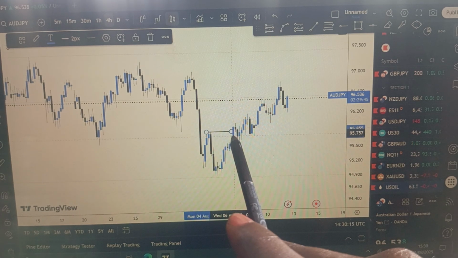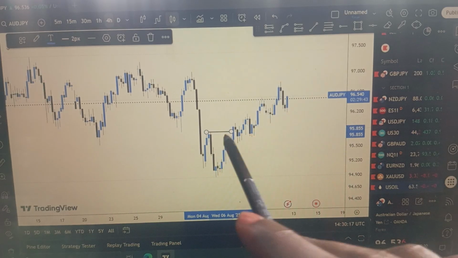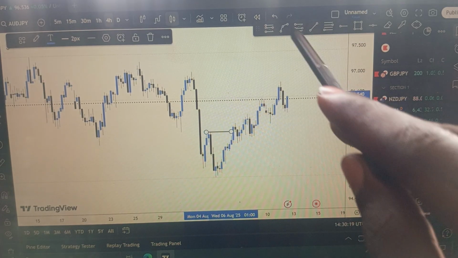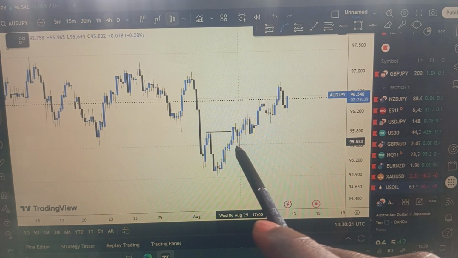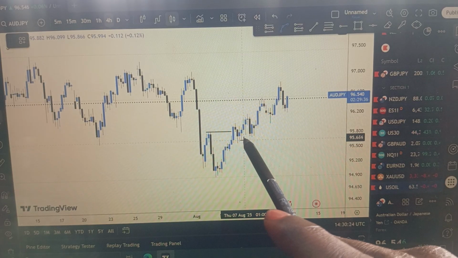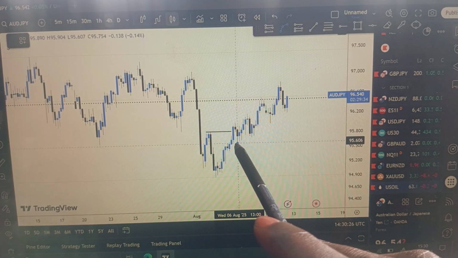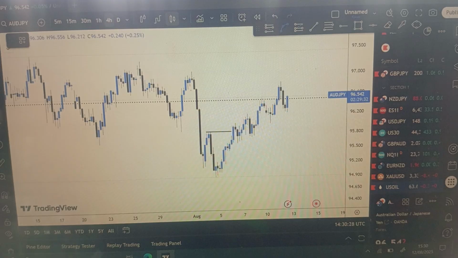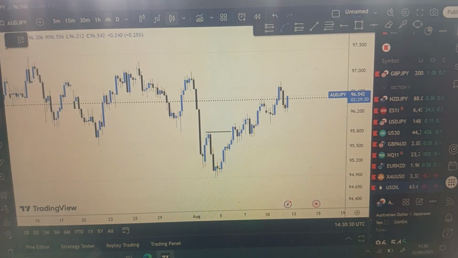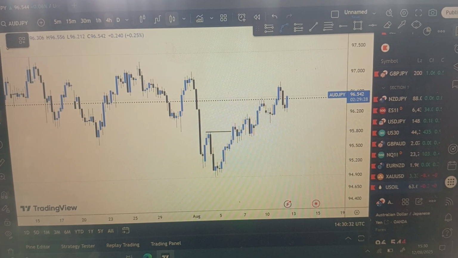From this bullish momentum, the market has never swept any low, has never closed on any low.